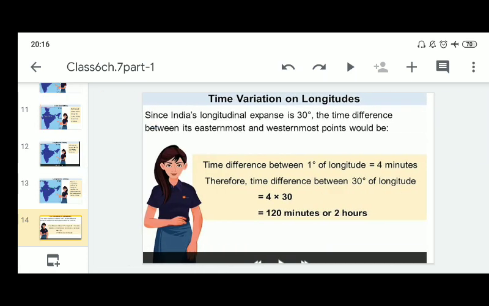Since India's longitudinal expanse is 30 degrees, the time difference between its easternmost and westernmost points would be... So the time difference for 1 degree of longitude is equal to 4 minutes. Therefore, the time difference for 30 degrees of longitude is 4 into 30, that is 120 minutes or 2 hours, because 1 hour carries 60 minutes. So it's 2 hours.